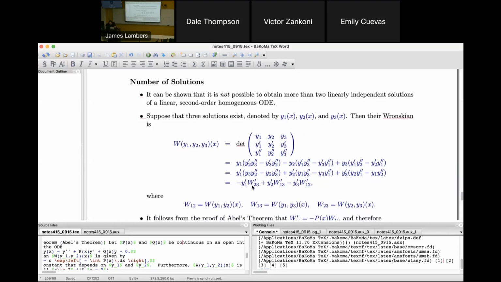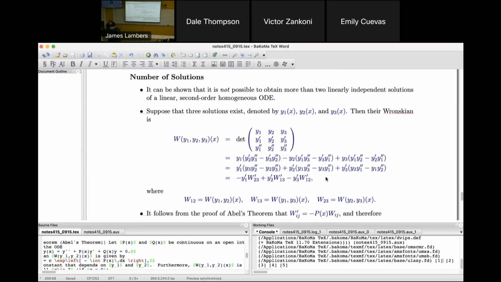So then we go ahead and work out what the determinant is, and it can be expressed in terms of Wronskians of any possible pair of these solutions. So here we have the Wronskian of y2 and y3, taking the derivative of that. Wronskian of y1 and y3, y1 and y2. Now, the thing is, from Abel's theorem, the derivative of the Wronskian is equal to minus p times the Wronskian.